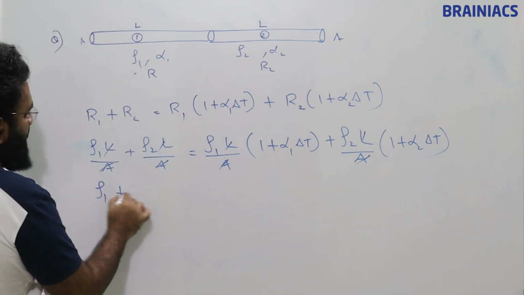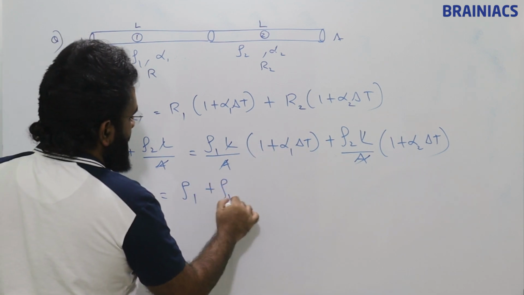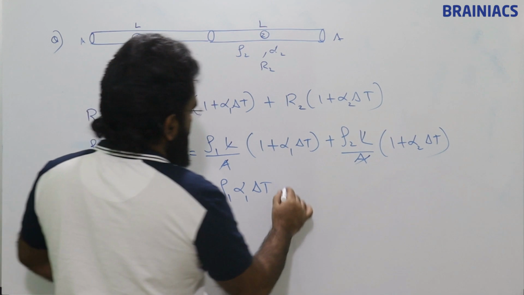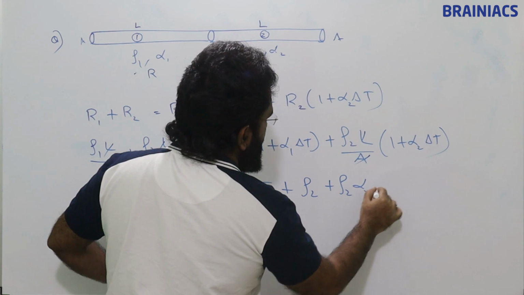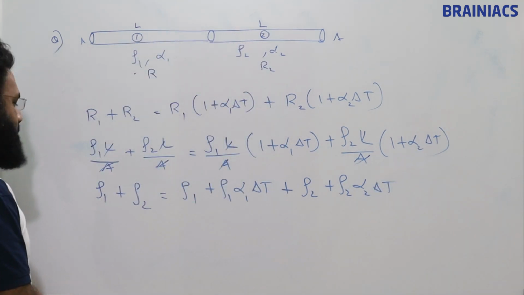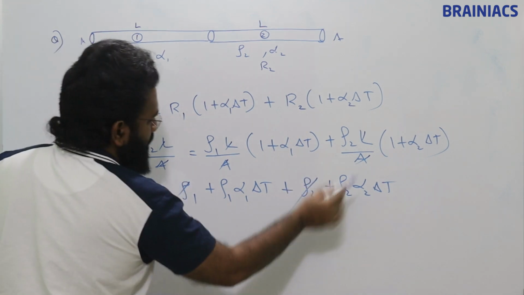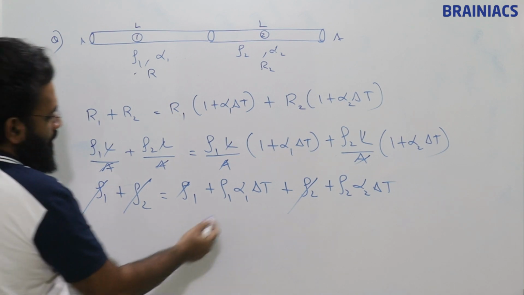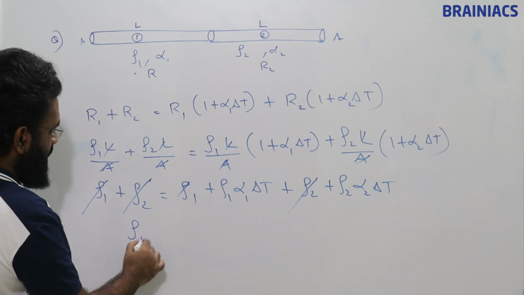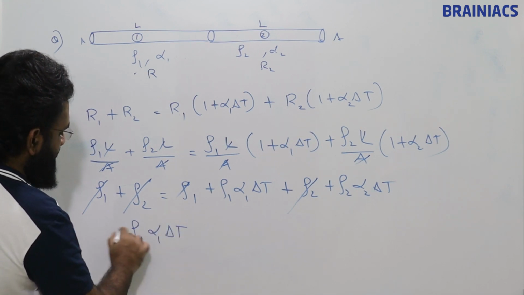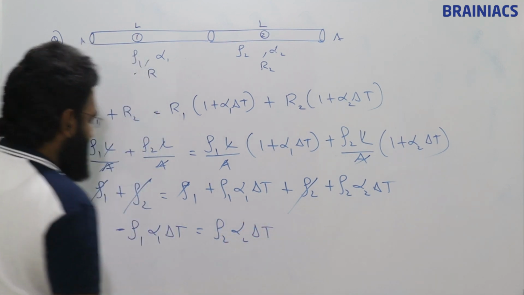So rho 1 plus rho 2 is equal to, multiply it inside, rho 1 plus rho 1 alpha 1 delta T plus rho 2 plus rho 2 alpha 2 delta T. So rho 1 comes this side, this will be cancelled off, right? Rho 2 will be cancelled off. So what will happen? This will come to this side, rho 1 alpha 1 delta T is equal to minus rho 2 alpha 2 delta T. This is how.